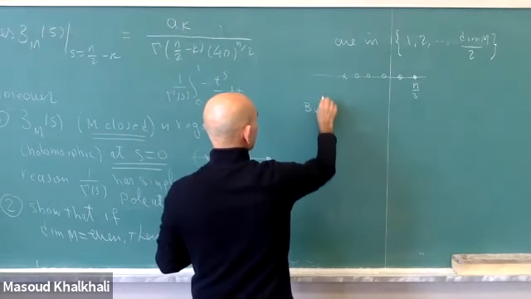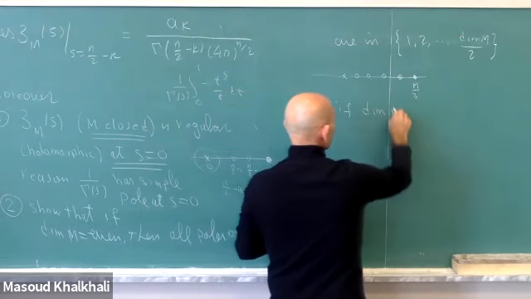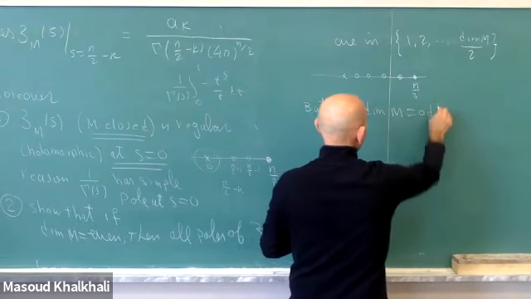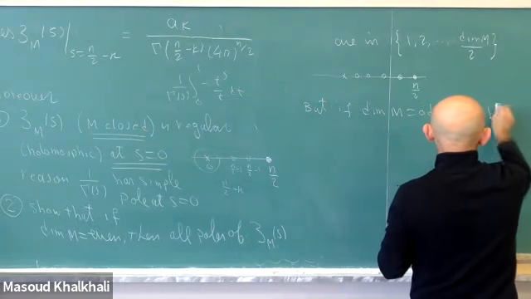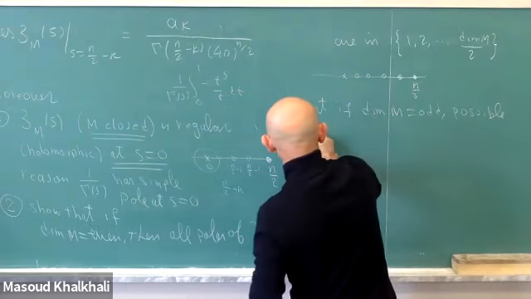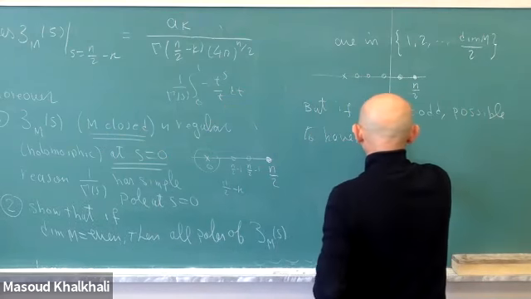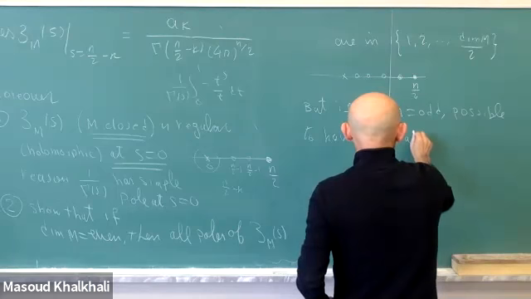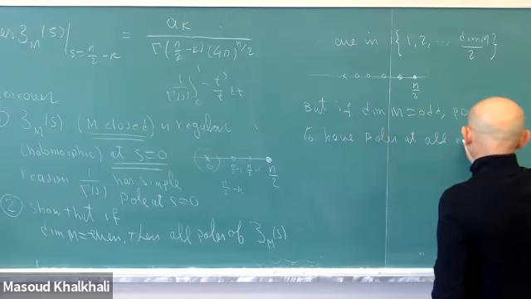If the dimension of M is odd, it's possible to have poles at all negative points.